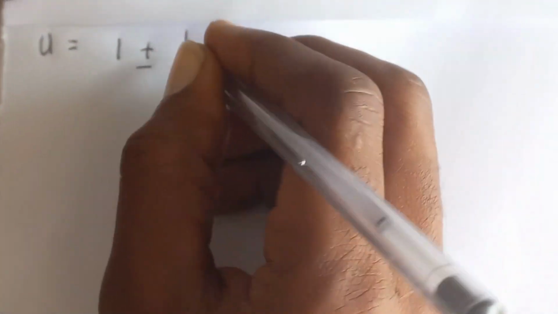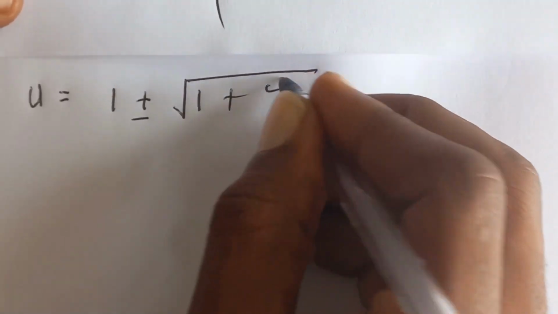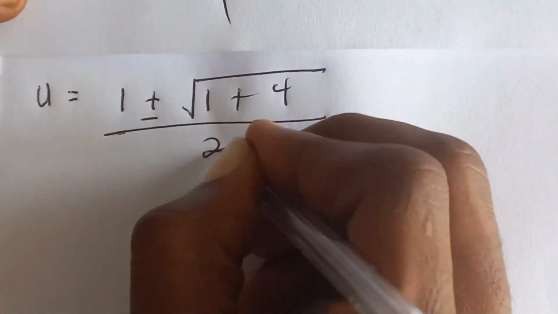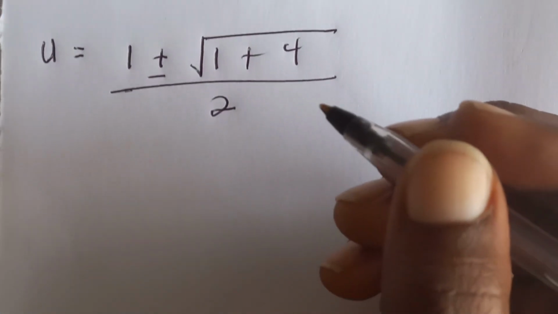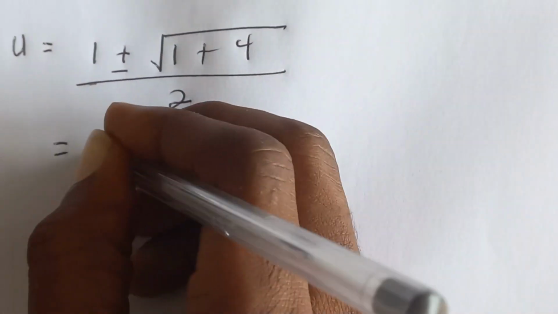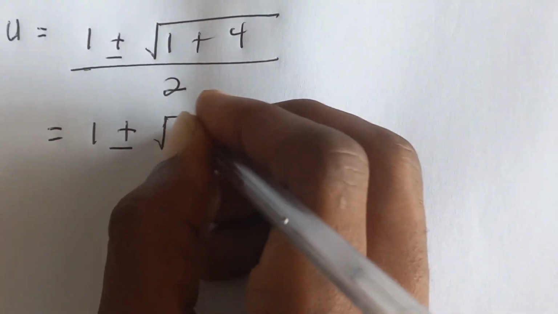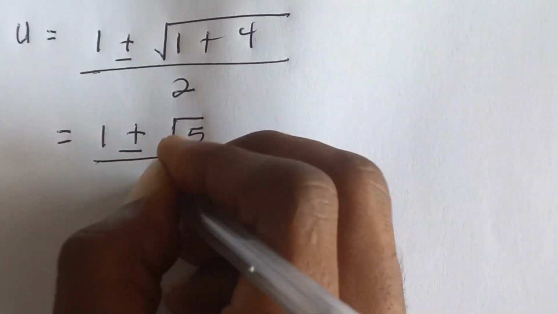With this, we say that u is equal to 1 plus or minus root of 1 plus 4 all over 2. So u is equal to 1 plus or minus root of 5 all on 2.